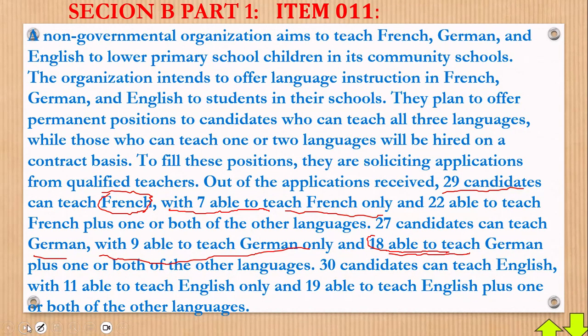By the way, this is the logic part, please.